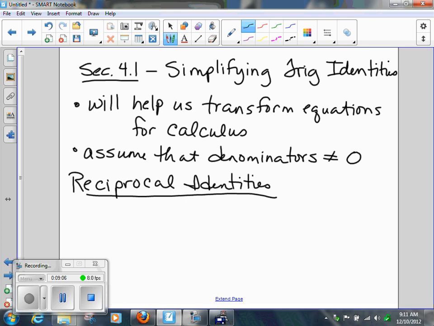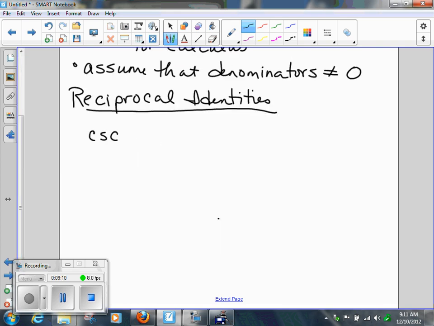And reciprocal identities are these. You already know that cosecant theta is what trig function's reciprocal? Sine, cosine, or tangent? Sine, okay? So cosecant is the reciprocal of sine, 1 over sine theta.